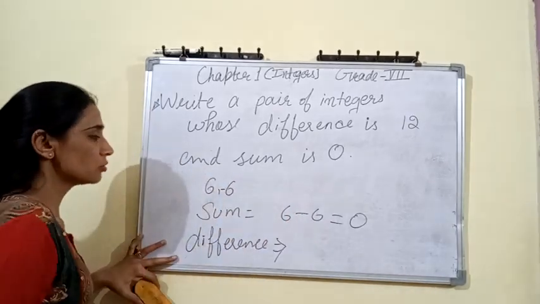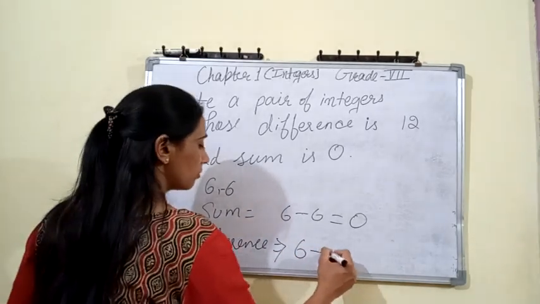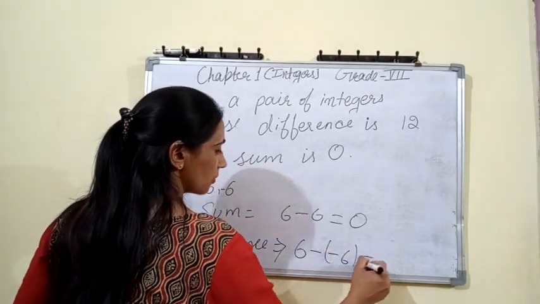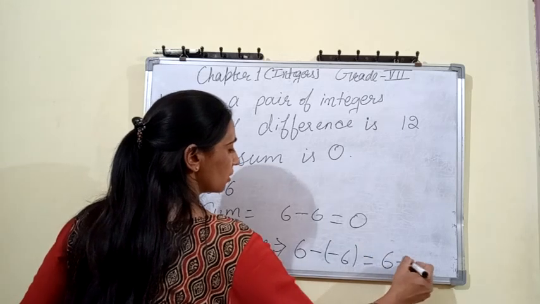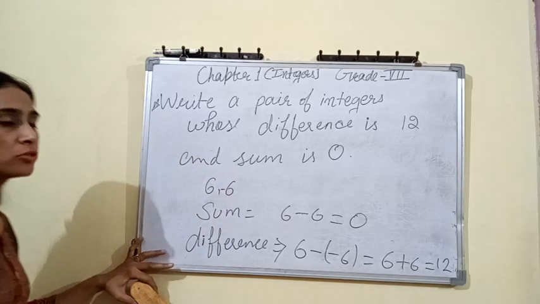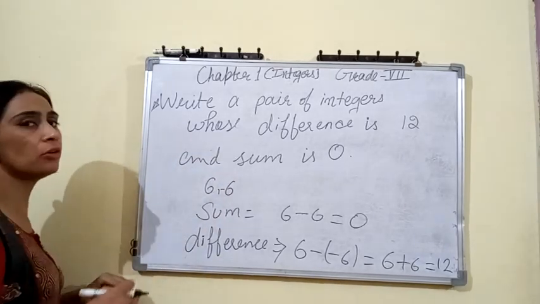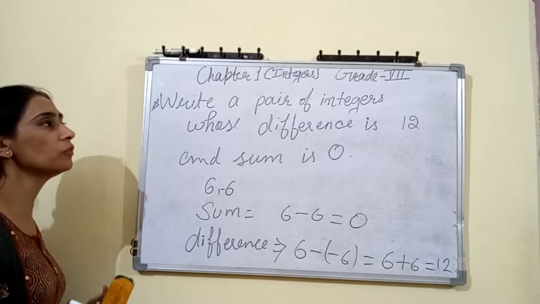Difference we have to find out: 6 minus -6, 6 minus minus 6, that will be 12. So the statement will change, but you have to use this kind of tricks for solving this kind of sums.